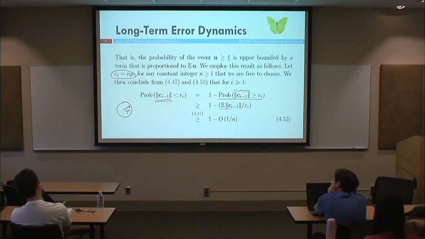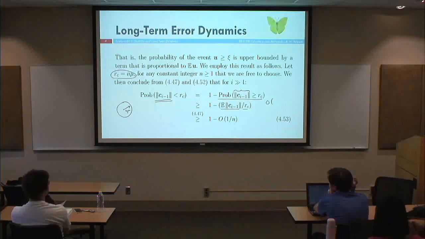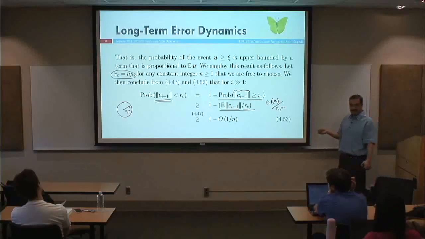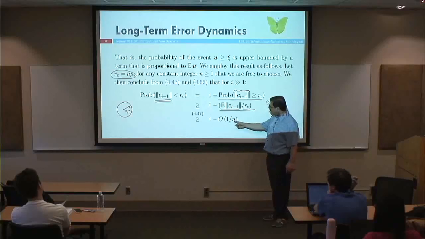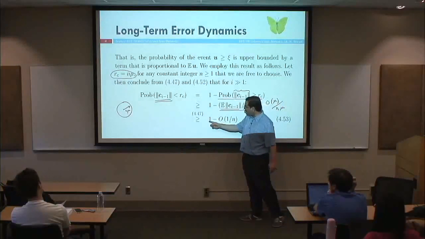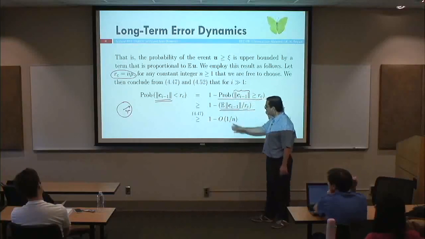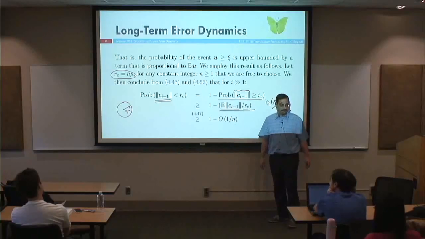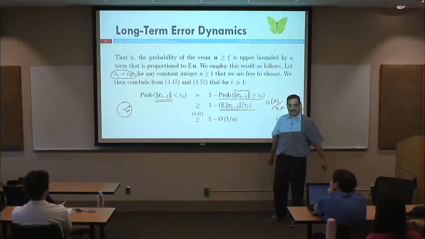It is the mean of that divided by the radius, but the mean of that is of the order of mu, divided by n mu. So you see that this term will be of the order of 1 over n, and I am free to choose n. You can choose n as large as you wish to make this probability as close to 1 as you wish. So that's what it means with high probability.